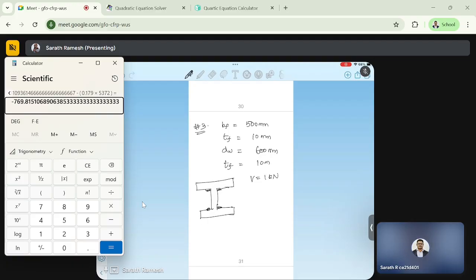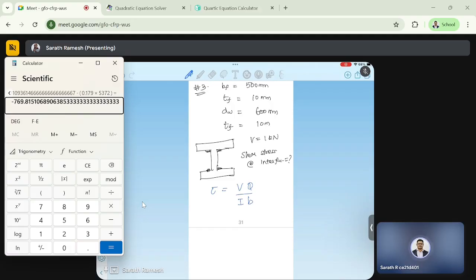Shear stress at the interface equal to what? Directly we know that tau, shear stress, equals VQ by IB. This is X, Y, it is Z, Vy.